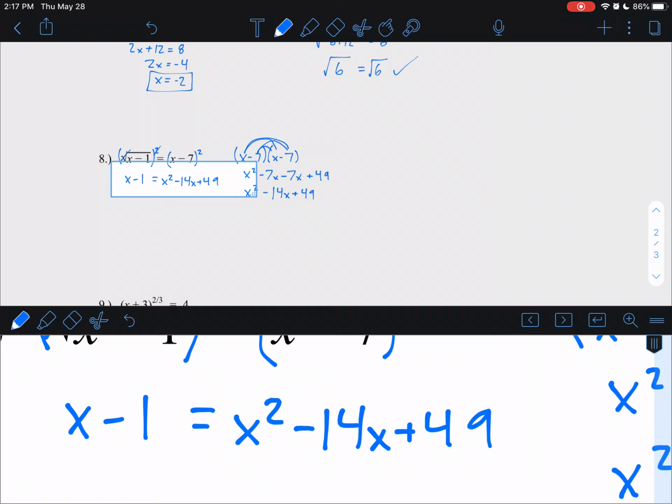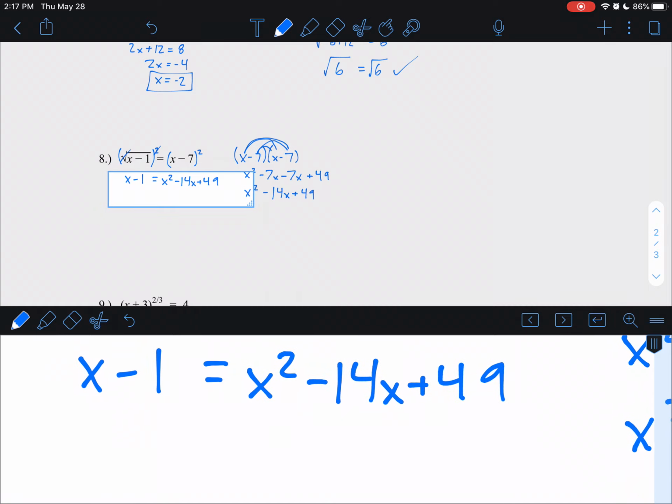So now I have to solve this equation. I'm going to set this equal to 0 so I can solve this quadratic, so I can factor this quadratic. Once I do that, I'm going to subtract x from both sides and add 1 to both sides.